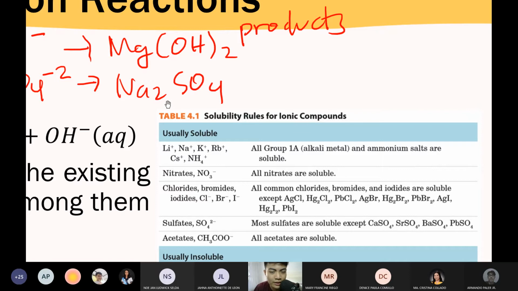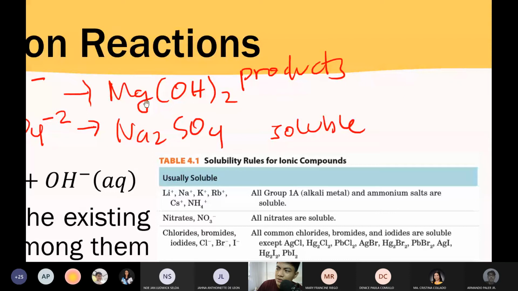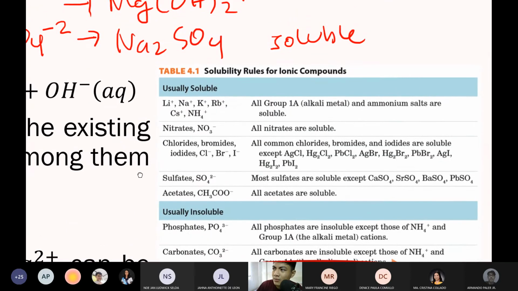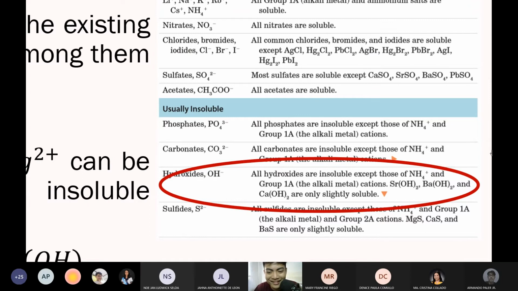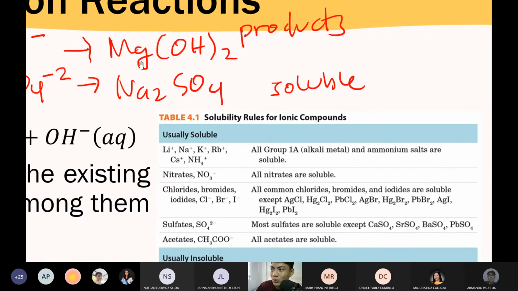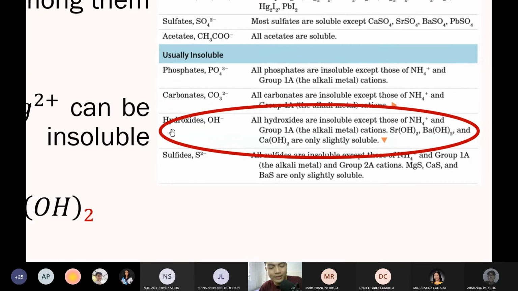So, tunaw yan sa water. Okay, so that means this is soluble. Let me just write it here. Yan, so soluble siya. Then for the Mg(OH)2, tingin tayo dito sa table, may sinabi ba? Obvious naman, may binilugan ako doon. So Mg(OH)2, basahin natin kung ano sinabi about them. Hydroxides, okay?